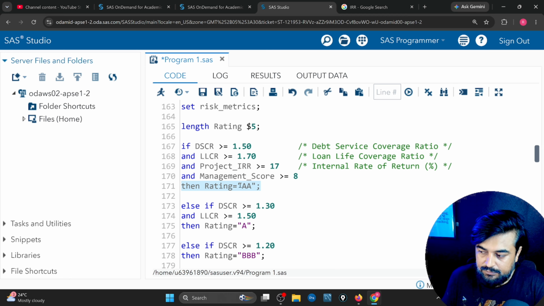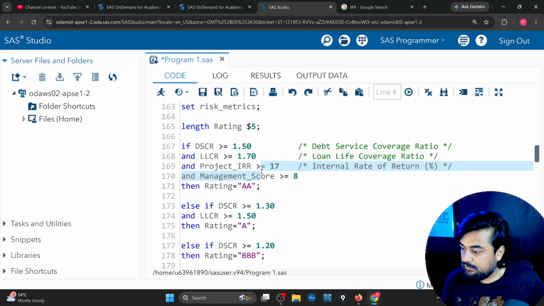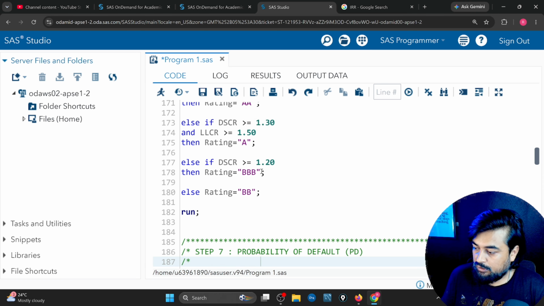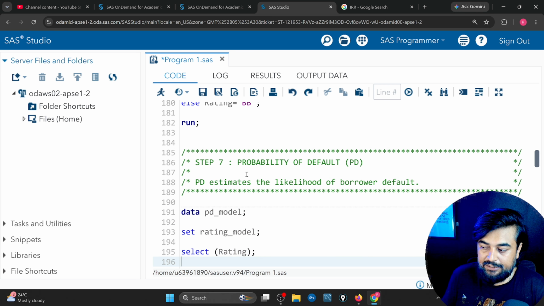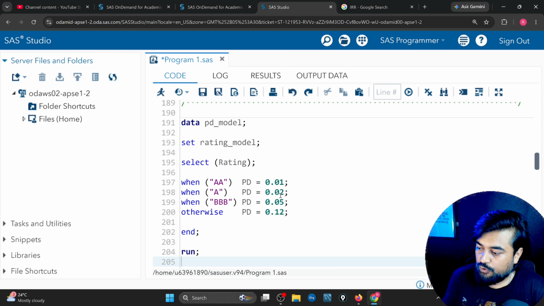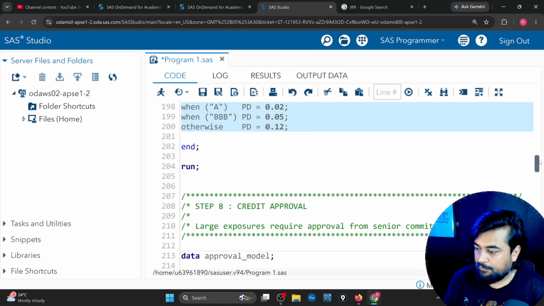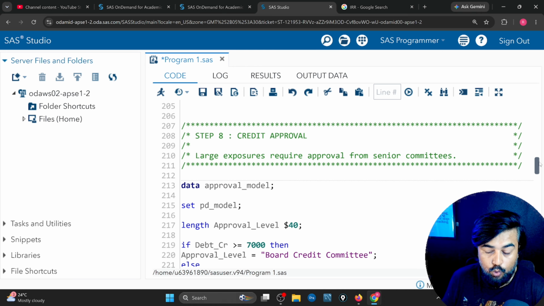But in this case, it will be an A rating, because this is a big name. We have all these ratios already calculated. Then we'll calculate the probability of default. PD will be calculated depending on the rating, and the PD multiplier is assigned depending on the rating. Then credit approval will go.